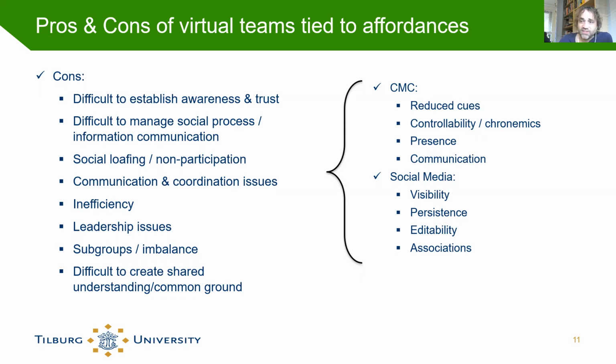What you also often see is that there is really an imbalance if there are different subgroups in a virtual team. We're now conducting a study within a hospital in which we monitor how physicians, doctors, and surgeons meet.